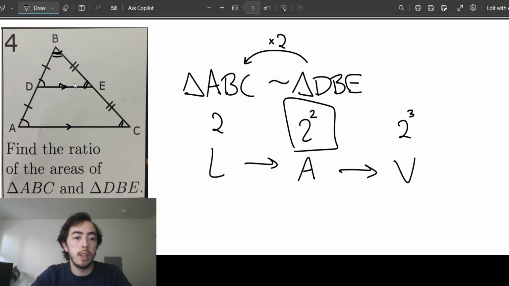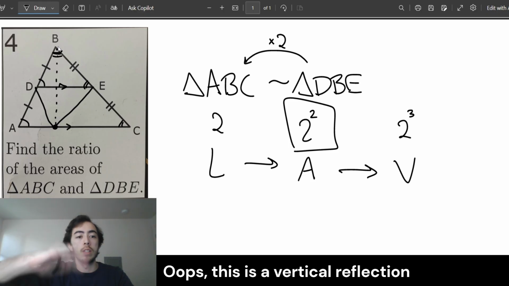Knowing that this point and this point are midpoints, I do know that this vertical distance here and this vertical distance here are also congruent. So when I reflect this top triangle down, I will get a point that lands directly on this line segment AC.